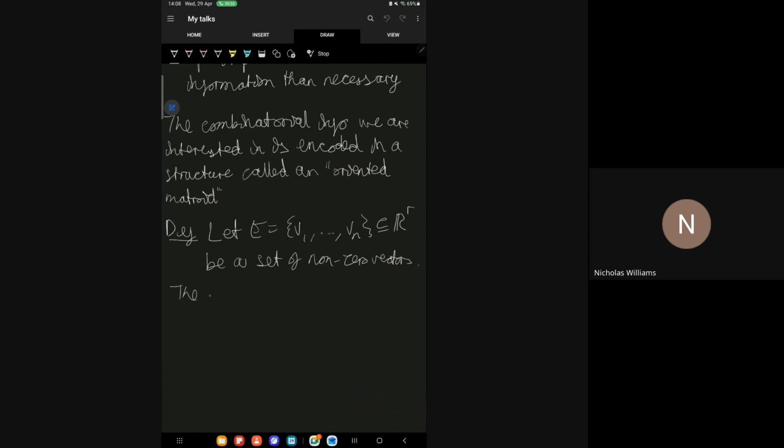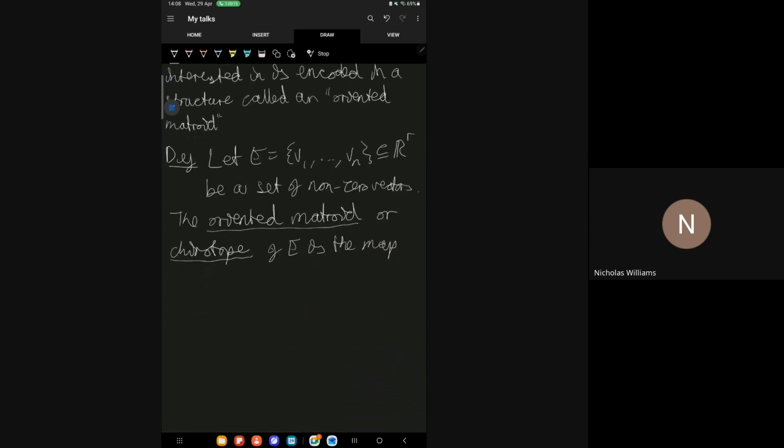Then the oriented matroid, and this way of presenting oriented matroids is also called the chirotope, of E is the map chi from E^r to the set {-1, 0, 1}, which sends this tuple of our vectors to the sign of the determinant with columns v_{i_1} up to v_{i_r}.